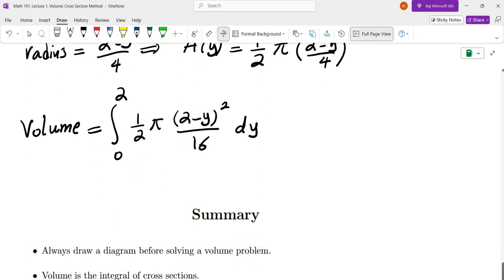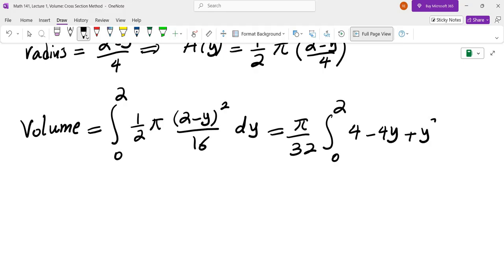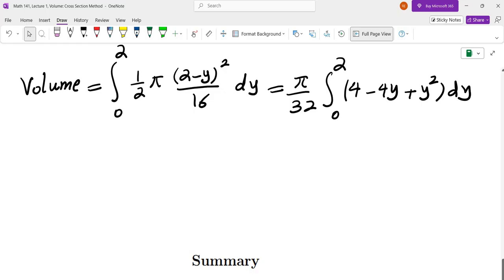And finally, we'll have to integrate this. We have all these constants, we can take them out. So pi over 32, integral from 0 to 2. We can expand this. We get 4 minus 4y plus y squared, dy. Although there's a trickier way of doing this problem without expanding. I'll explain that after I'm done with the solution.